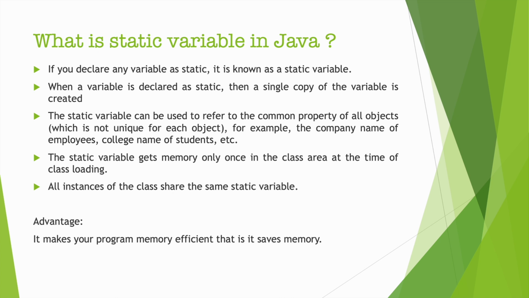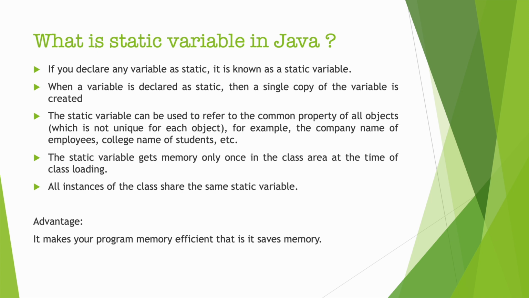The next point is it gets memory only once in the class area at the time of class loading. So when we declare the static variable, it gets memory only once, friends. You need to remember these points while creating the static variable.